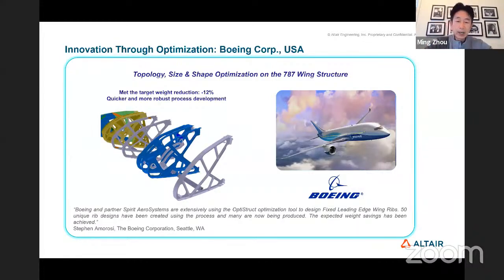Aircraft design involves a very large supply chain, and Boeing demanded their supply chain to use topology optimization and optimization in general for lightweighting. So that was, I think, an inflection point, if you will, that triggered more broad application.